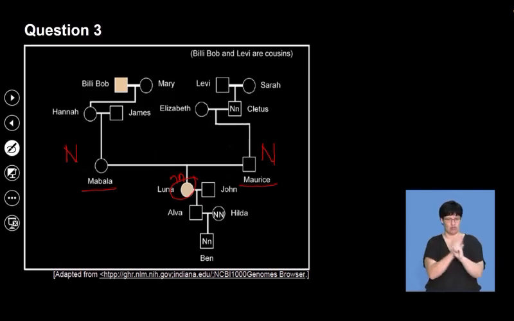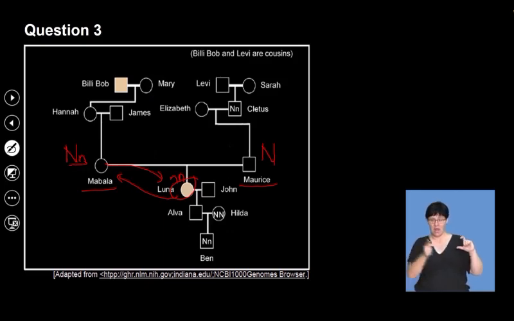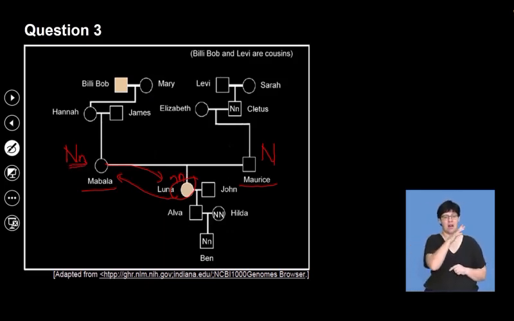So the only way that Mabala can be normal or not affected is if she has the dominant allele. And clearly from this diagram, looking at Luna, we know that Luna has inherited the recessive allele from Mabala and also the other recessive allele from Maurice.